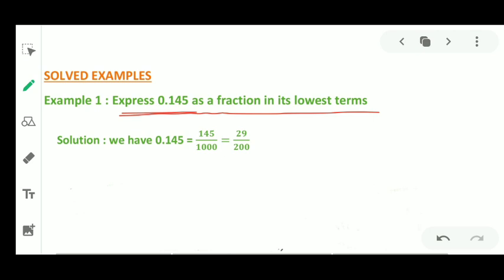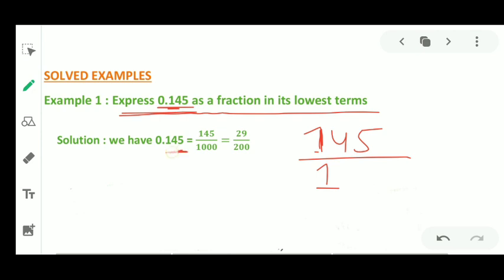First you have to convert the decimal number, that is 0.145, into a fraction. For that you have to first eliminate the decimal point and write the number, that is 145. Then write 1 here and count the digits present after the decimal point.